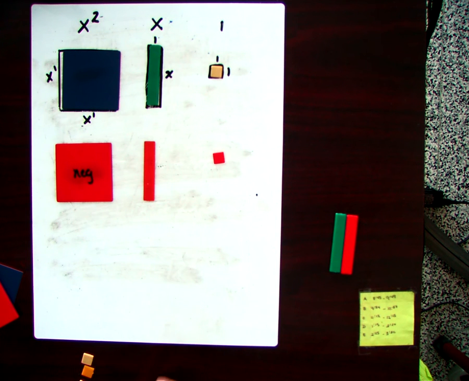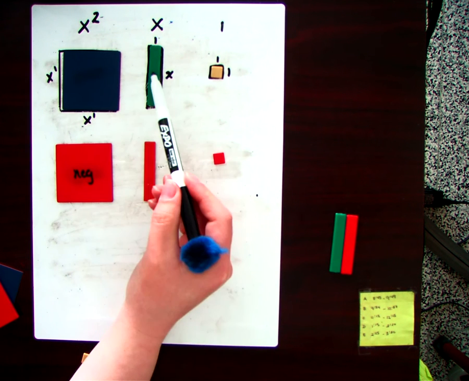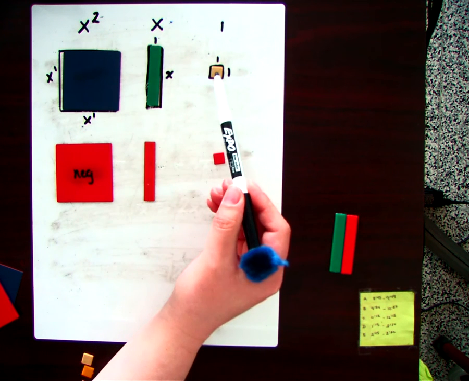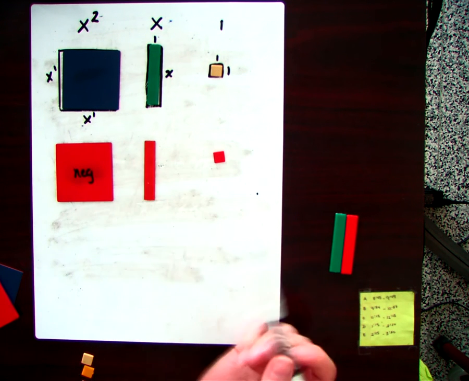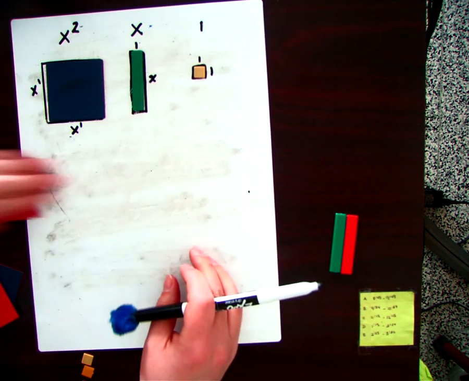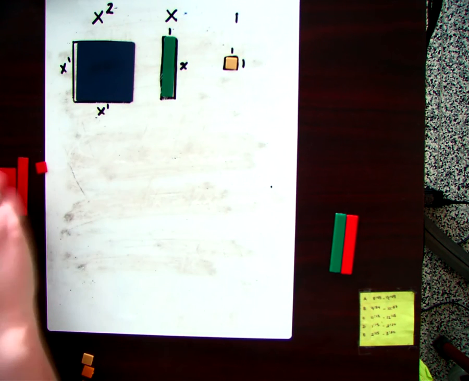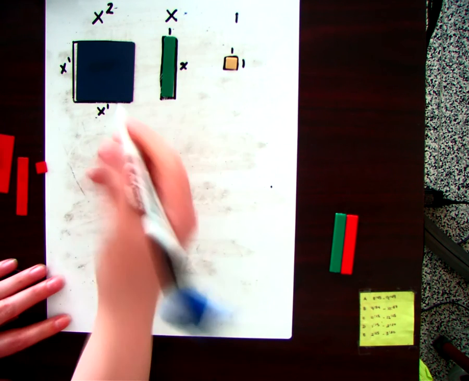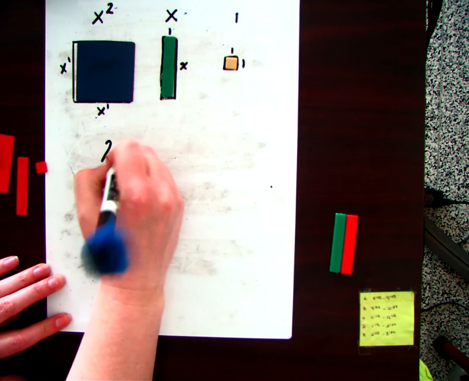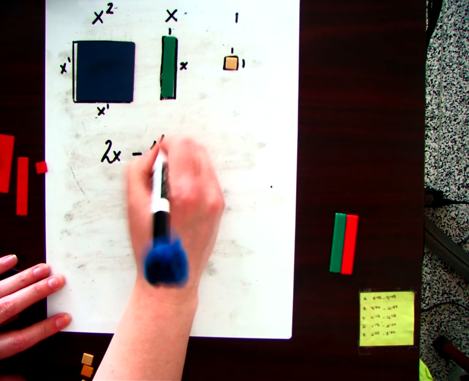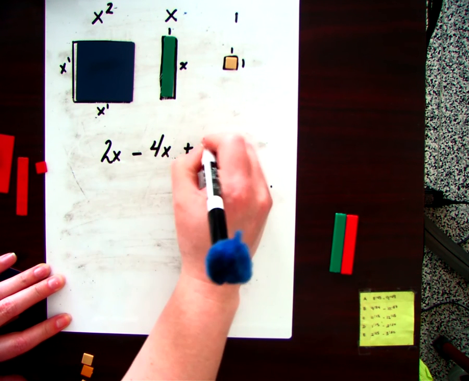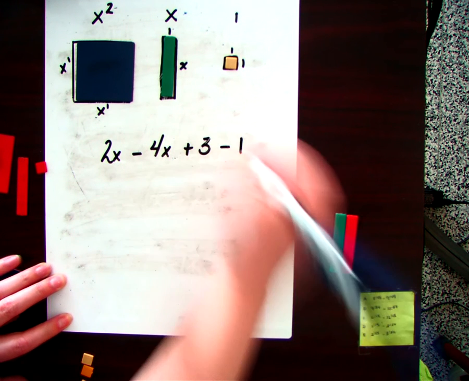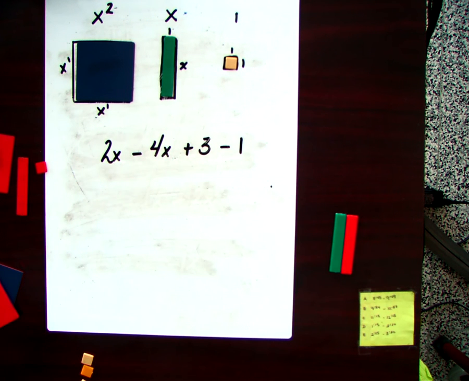So any color, like blue is positive, green is positive, yellow is positive, but if it's red, it's negative. So the reason why I wanted to show you all this is so when we go to do some math, if I say 2x minus 4x plus 3 minus 1, we can use some shapes to represent those spaces, and hopefully it'll make a little bit more sense to you.